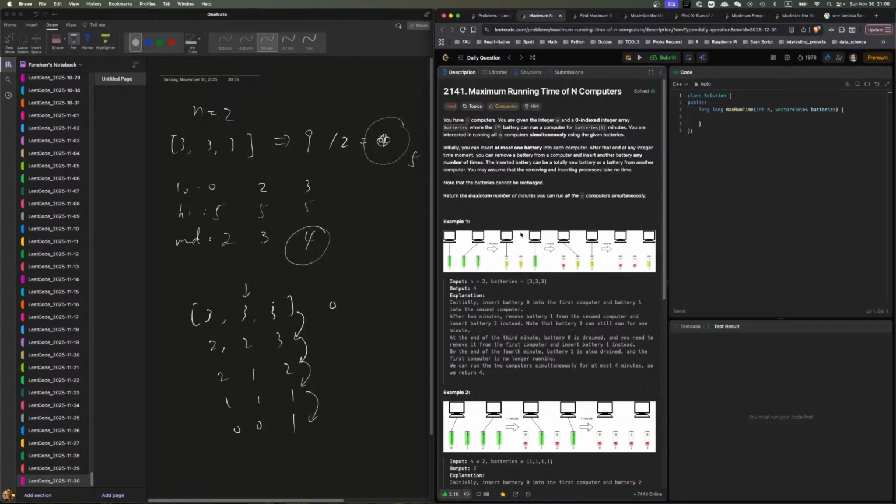Okay, so if it's possible to run n computers for some time, well, for one thing, you can do a quick check: if the total juice needed is not enough to support, then that's not possible, right? So now we say if the total juice needed it can support, then what?